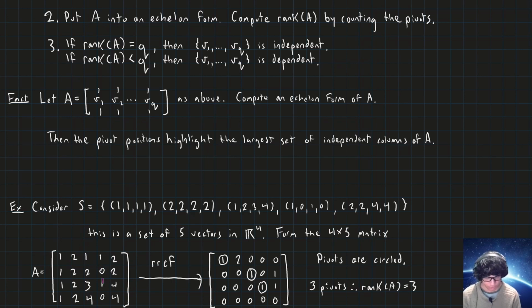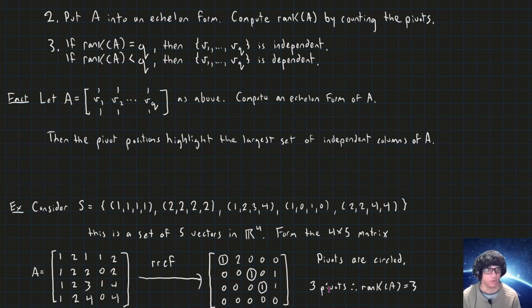I form this matrix and put it into reduced row echelon form. For a big matrix like this, you might want to use a calculator. Here it is, and I've circled the pivots. We have 1, 2, 3 pivots.